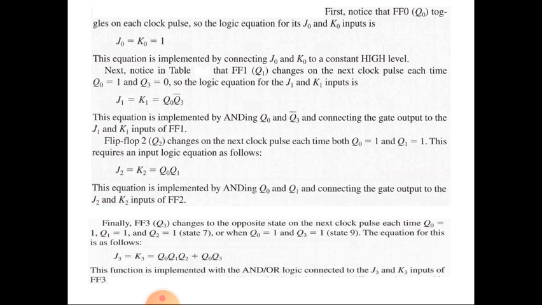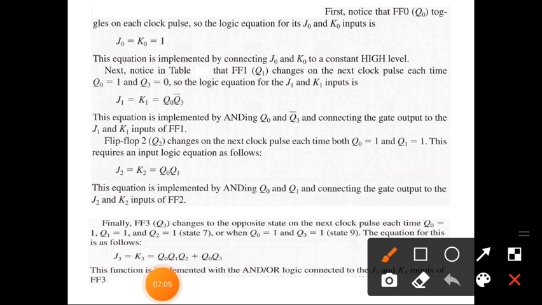In this case, the first flip-flop Q0 toggles on each clock pulse, so the J and K inputs are equal to 1, and J0 and K0 are connected to 1.